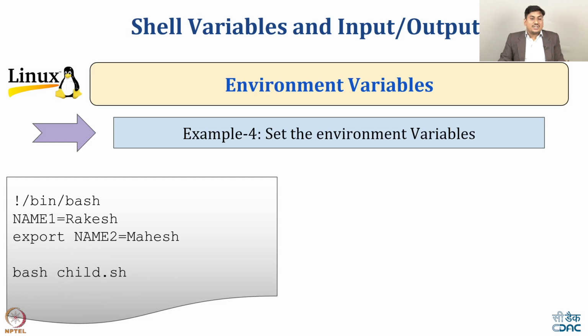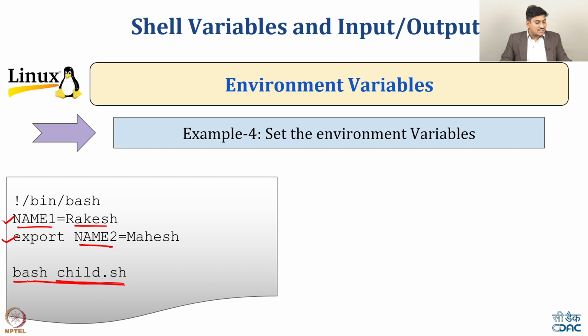So, just take an example here: declare two variables, name1, assign the value of this, then name2 with the export, right. And as I was mentioning, let us say there is another script which I am calling from this script, right.